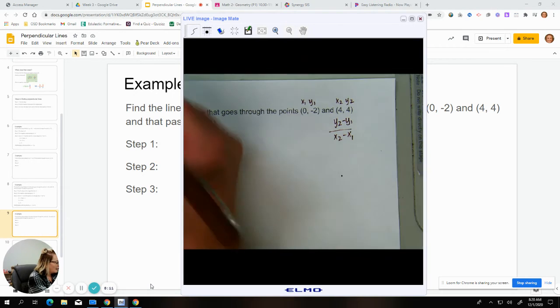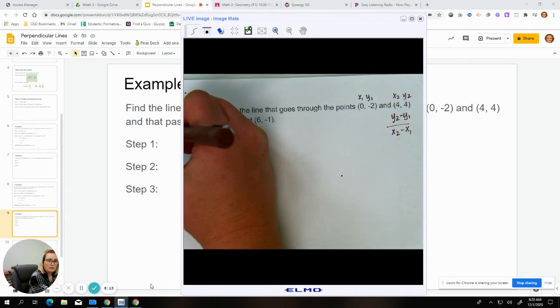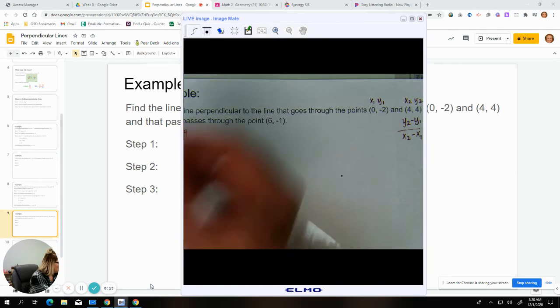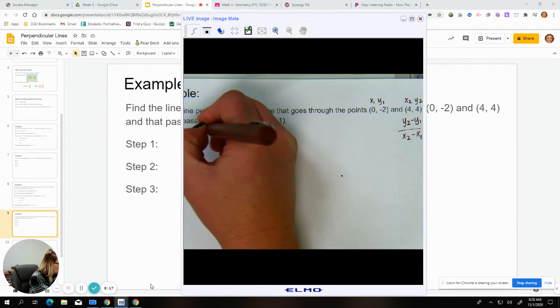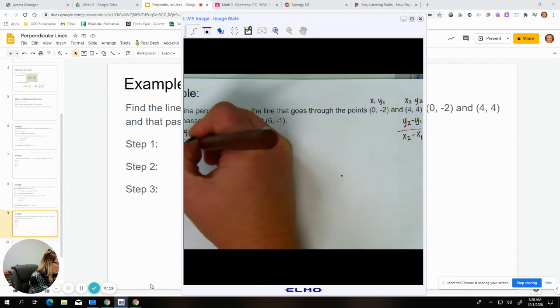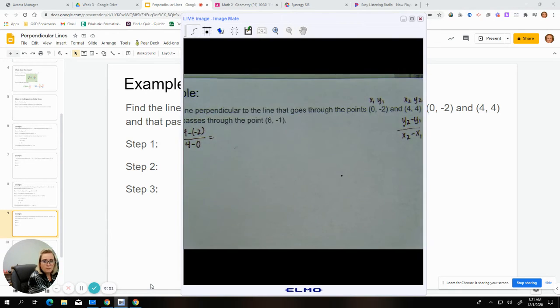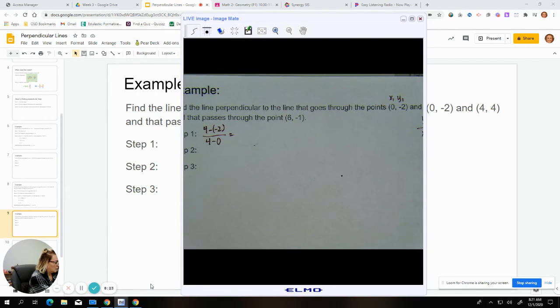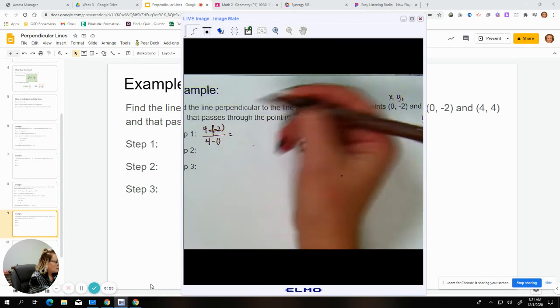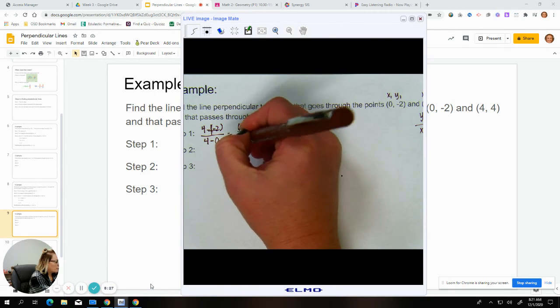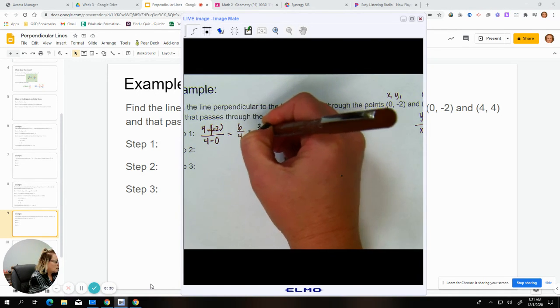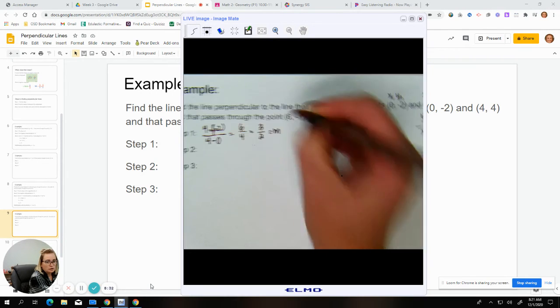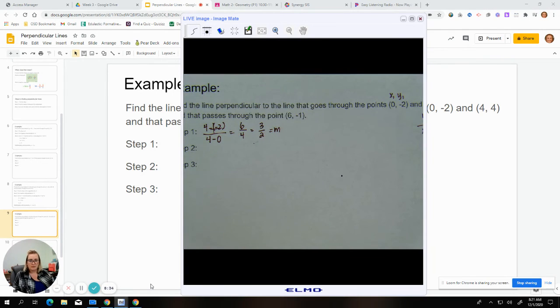So when I do that, I end up getting 4 minus negative 2 over 4 minus 0. Minus a negative is a positive, so I get 6 over 4, which is the same thing as 3 over 2. Okay, so there's your slope.